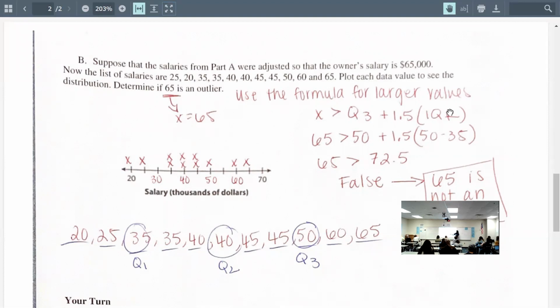That is not true. That's false. So that means that 65 is not an outlier. All right, does that make sense? All right, we're going to do the next one together because that one is for smaller values. So we'll at least see what one of those looks like.